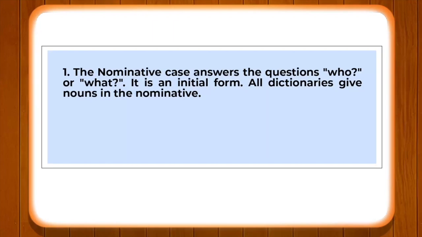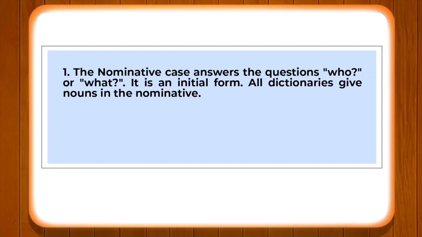So the first one is known as the nominative case or imenitelny padezh. It answers the question who or what. We already know kto and chto, where we seek whether it is animate or inanimate. Kto means animate, and chto means inanimate.